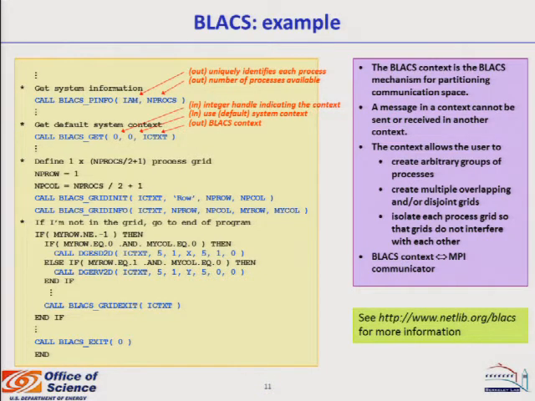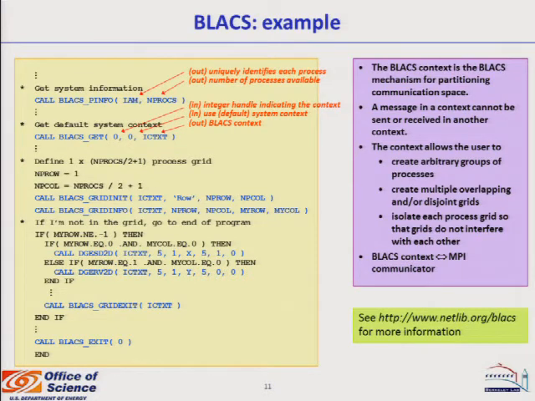Say solving a system of linear equations, but just with a different right-hand side. You could do that by specifying two different contexts, or two different communicators in MPI. You could then separate the space that you are going to do your calculations on, and they don't talk to each other. They're basically isolated from each other. So that's the idea here of the context.